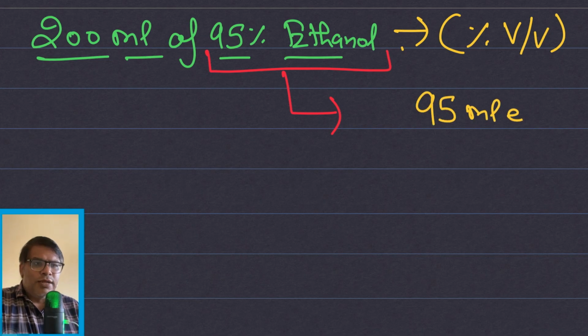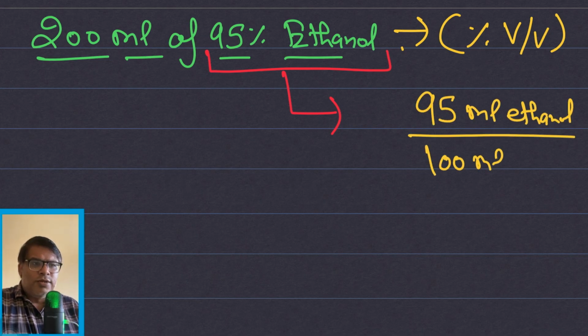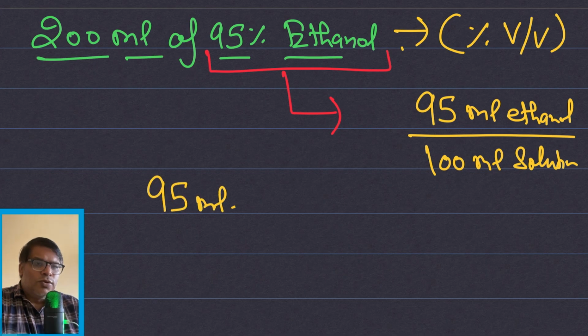Another important thing, in a simplified way, you can tell that 95% ethanol means you are going to have 95 ml ethanol per 100 ml of the solution.